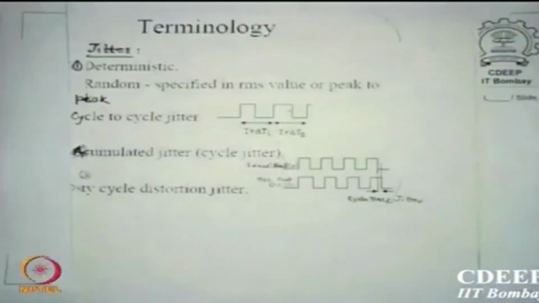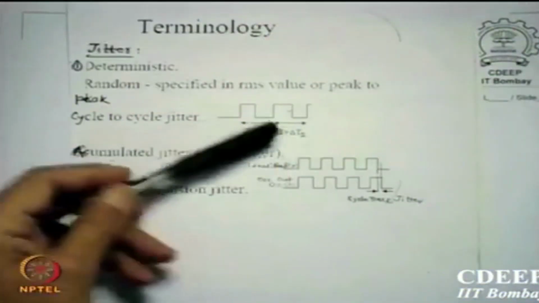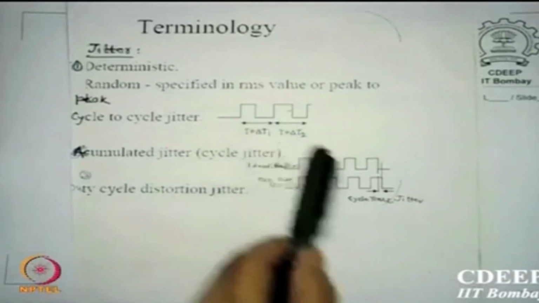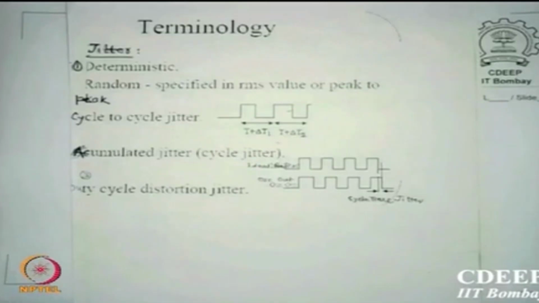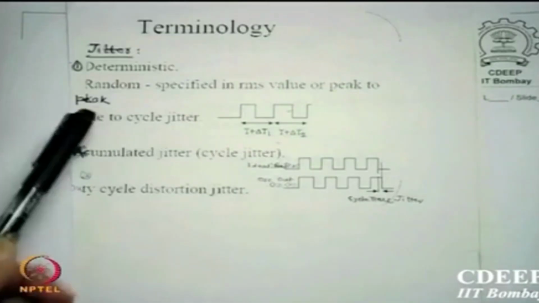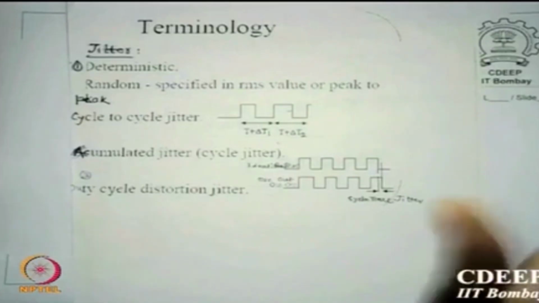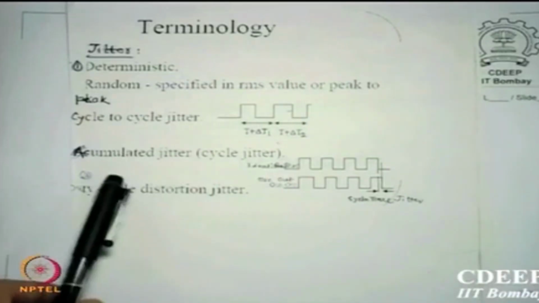There is a term called cycle to cycle jitter. For example, here it is t plus delta t1, the next time it is t plus delta t2. Normally the RMS value or the peak to peak value, two values of jitter, are measured.